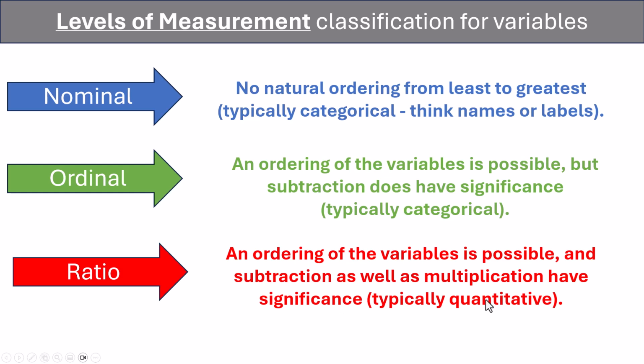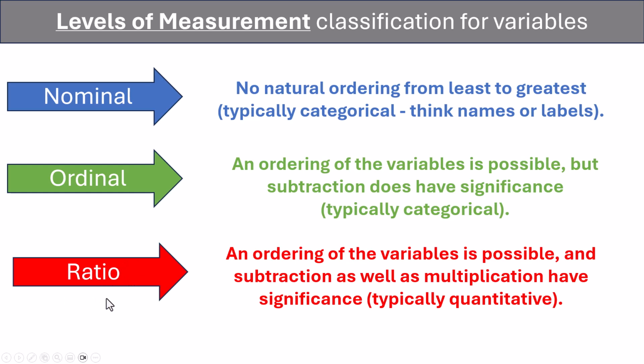Age is quantitative, and it would make sense to subtract my age from your age, and maybe I would say that you are 5 years older than me or 10 years younger than me, whatever the number ends up being. And I could also say that I am twice as old as someone else. I could do all those sorts of comparisons. And that's what would make something a ratio version of a variable.